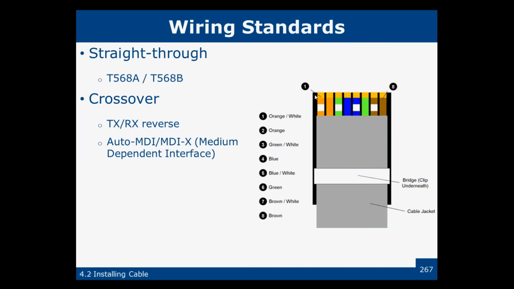You've got 1, 2, 3, 4, 5, 6, 7, and 8. Which ones are the receives? Transmits are 1 and 2, 3 and 6 are the receives. Those are the pairs that reverse between 568A and B to make the roll.